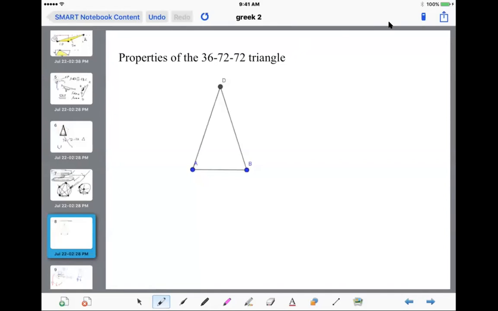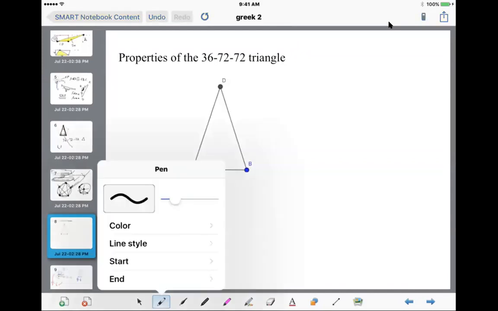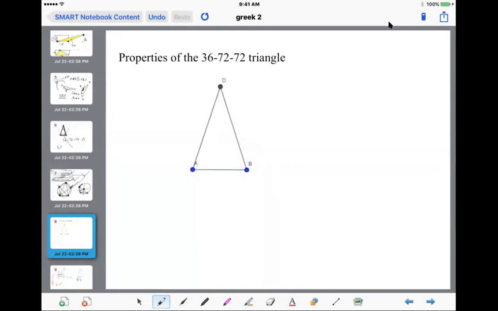Well, can we pretend for a second that the two legs of this triangle have length 1?